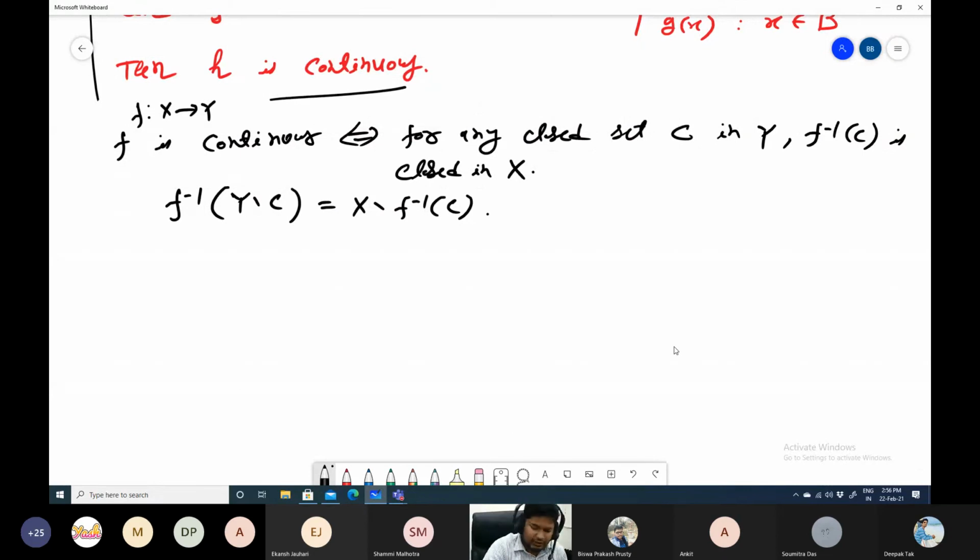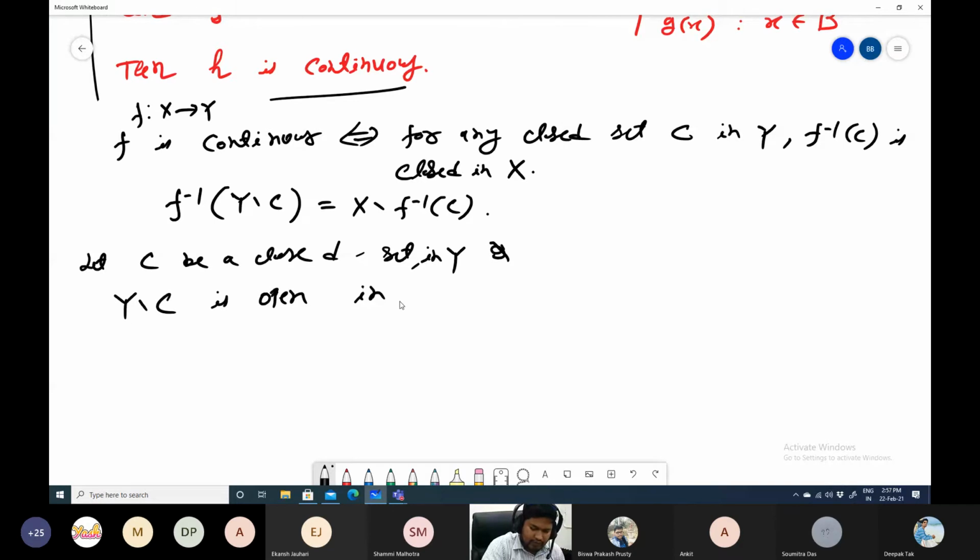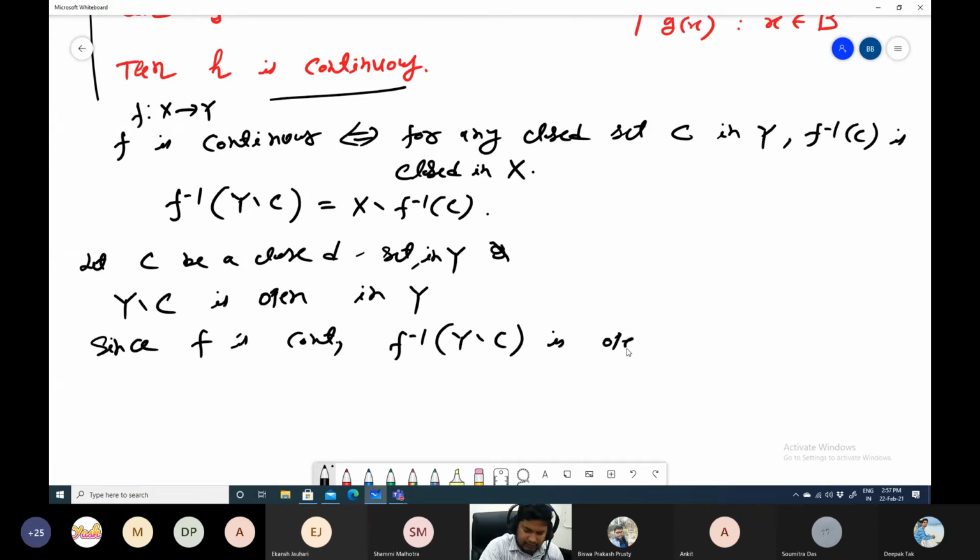Now let C be a closed set in Y. That means Y minus C is open in Y. Now since f is continuous, therefore f inverse of Y minus C is open.